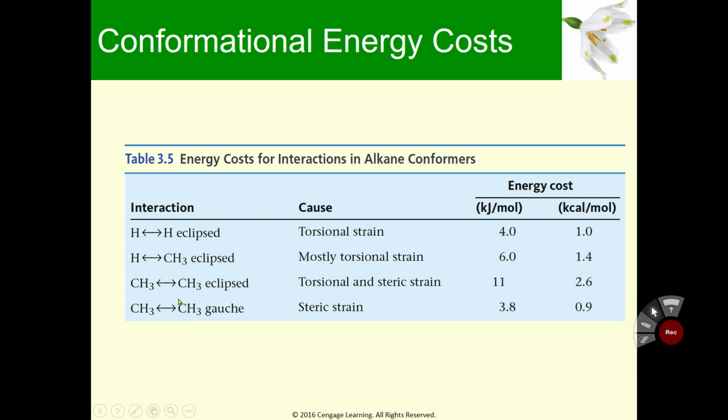CH3-CH3 eclipsed, then there will be a small torsional strain and very large static strain. That is 11. This is gauche. Because this is a gauche conformation, there will be only static strain. There is no overlapping of the electrons. So this is purely static strain. That is 3.8.